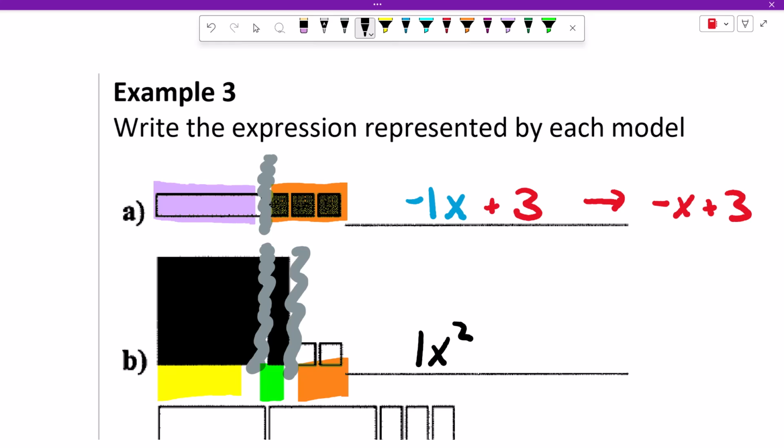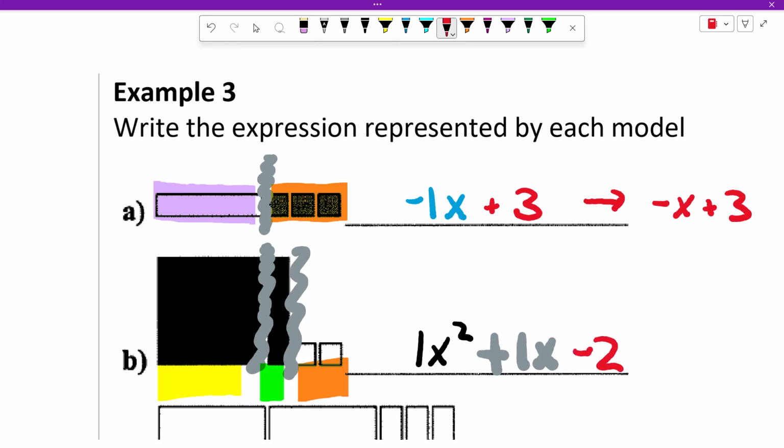Second term? 1x. And it's positive, so you put the plus sign in there. Our terms need to be separated by a plus sign or a minus sign. Our last term. What would that be? Minus 2. They're white, so they're minus.